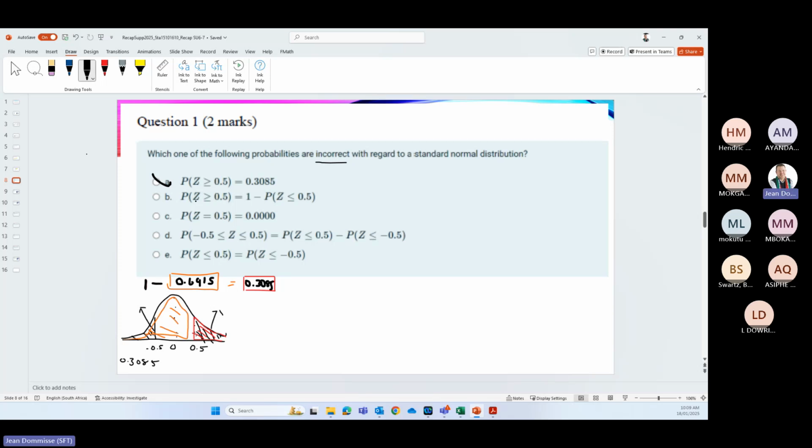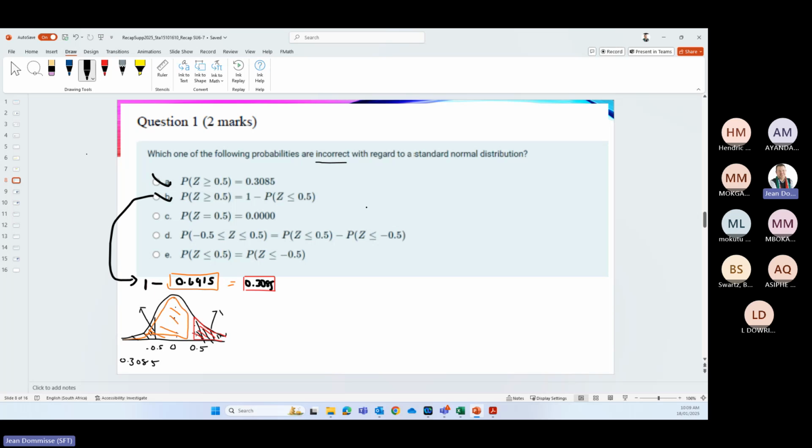And then actually the second one, the probability of Z equal is the same as 1 minus that. So we've actually answered that in that question. Probability that Z is equal to 0.5. On this spot, remember, the normal distribution is a continuous distribution.